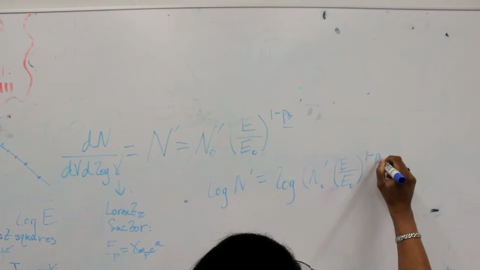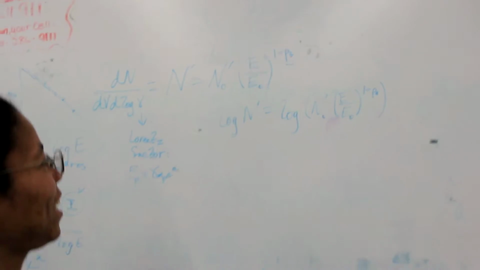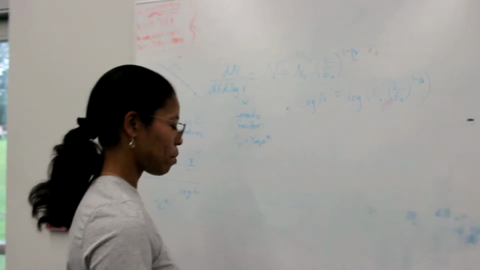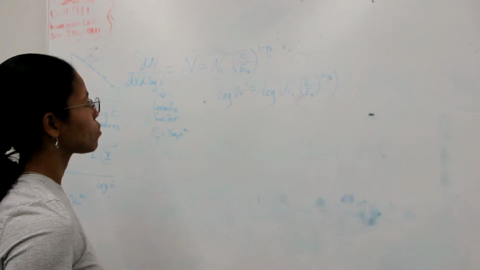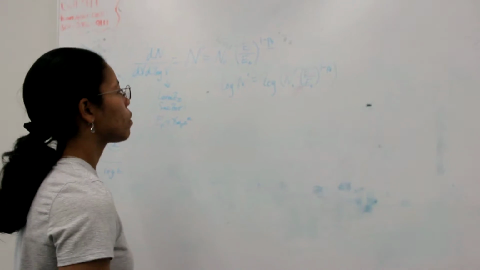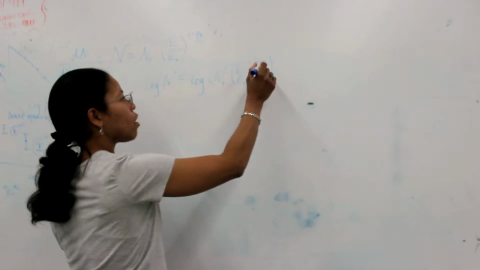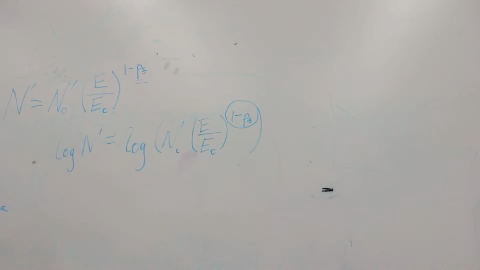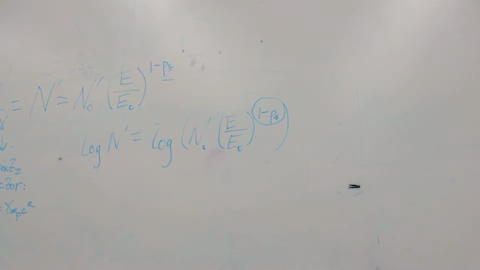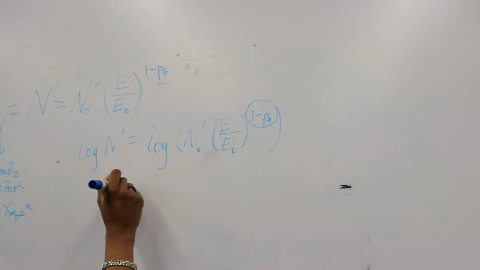So enjoy this while it lasts. The reason for taking the log of both sides is that the power index will come down. So let's carry through this calculation.